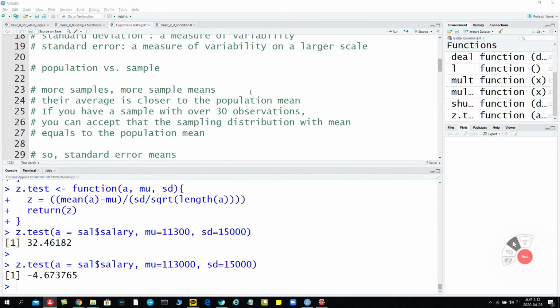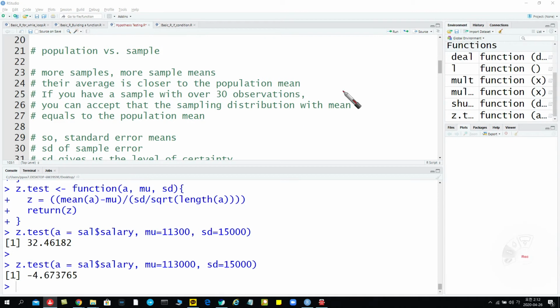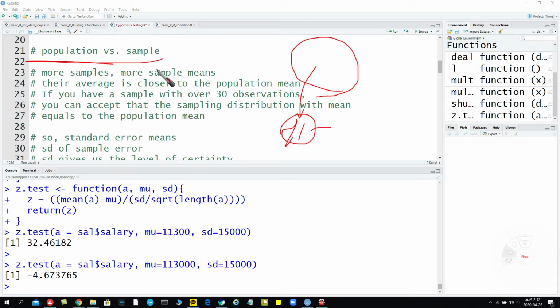The next one is, as you might know, population. We extract something from it. We call it a sample, right? Population versus sample. Actually, with more samples, their average is closer to the population mean. Look at this. If you have a sample with more than 30 observations, you can accept that the sampling distribution has a mean equal to the population mean.